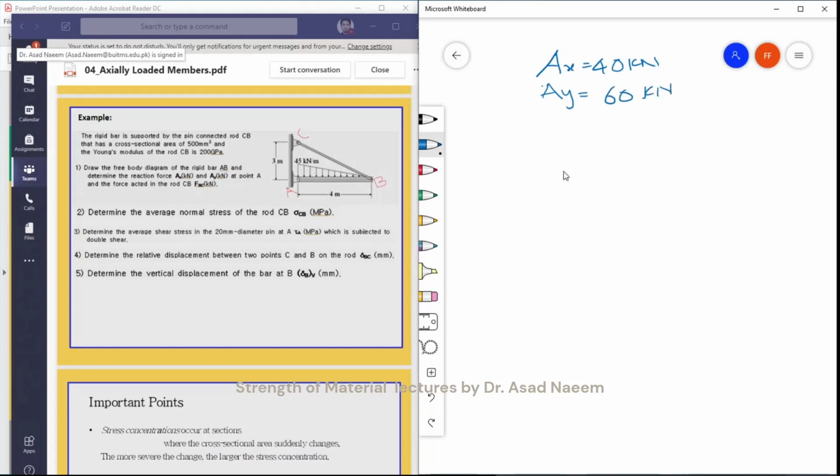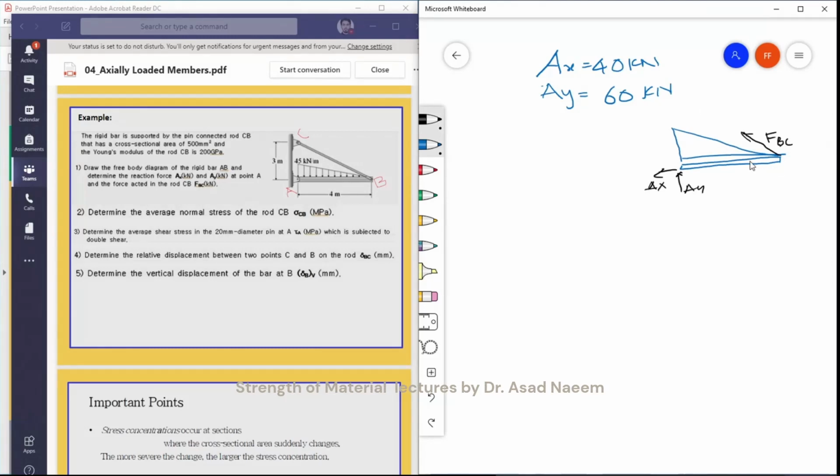First of all, we have to make the free body diagram. So this is AY, this is AX. So the answer for AX and AY is 40 kilonewton and 60 kilonewton.